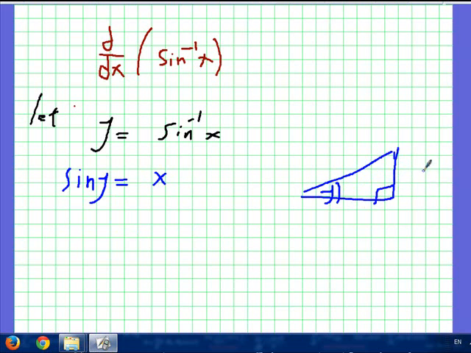Sine equals opposite over hypotenuse. So the opposite will be x and the hypotenuse will be 1. From Pythagoras we can get the adjacent, which will be the square root of the hypotenuse squared minus the opposite squared, which will be 1 minus x squared.